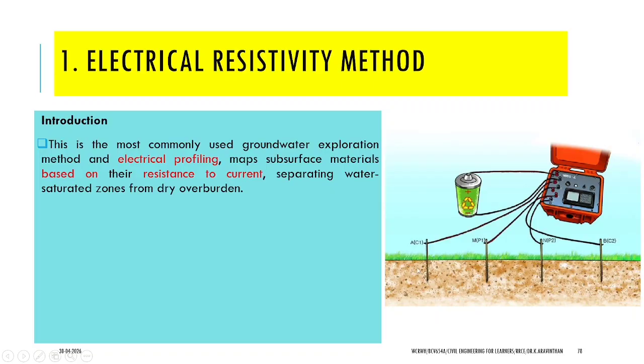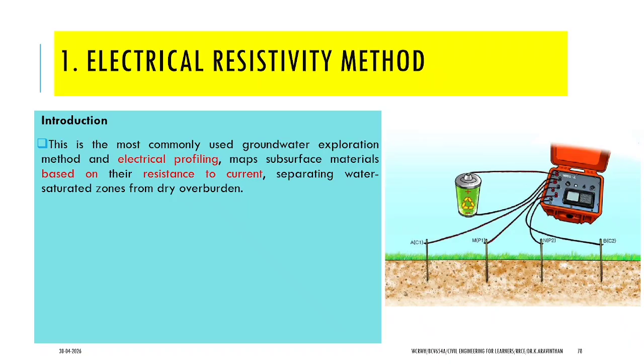According to the level of resistance, whether more or less, the layers are identified, and water has some amount of resistance in ohm. Electrical resistance is measured in ohm. So according to that, you can identify this layer as water. This is called the electrical resistivity method. Why is it called that? We are sending electricity, or electrons, and finding the resistance of each layer. That is why it is called the electrical resistivity method.